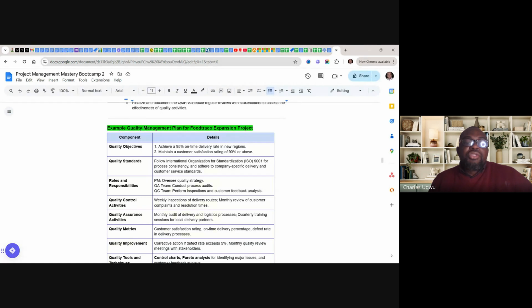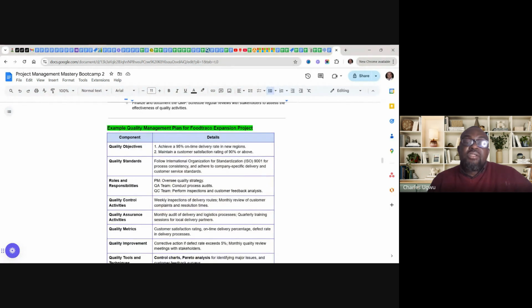Under roles and responsibilities, we have the project manager to oversee quality strategy. You must assign team members to oversee this quality management.